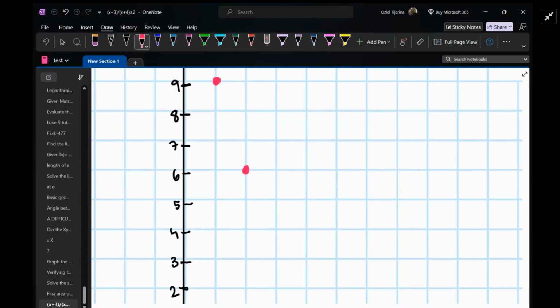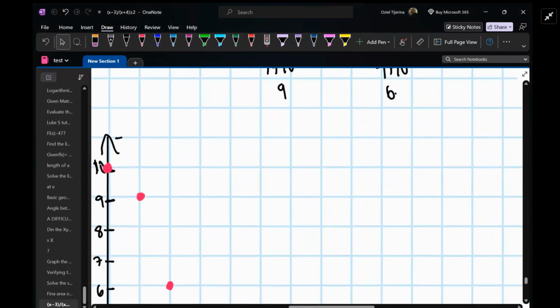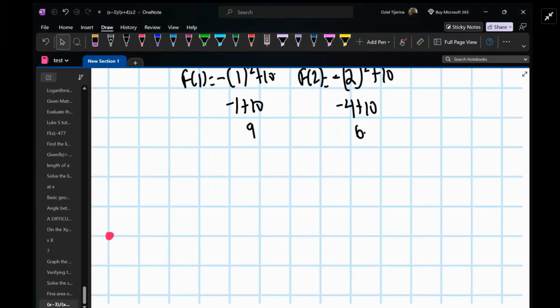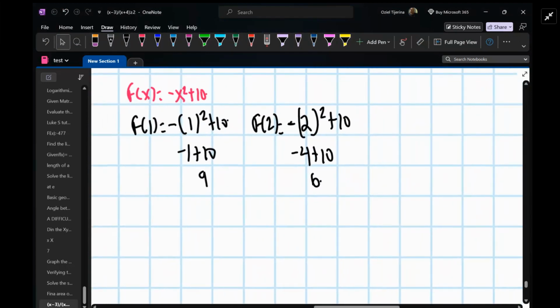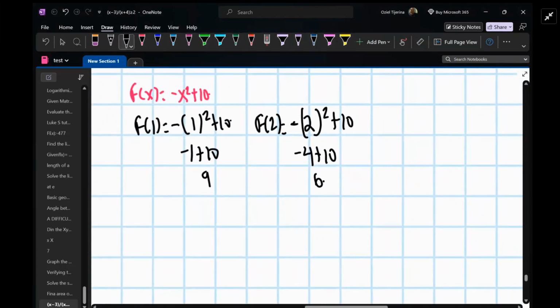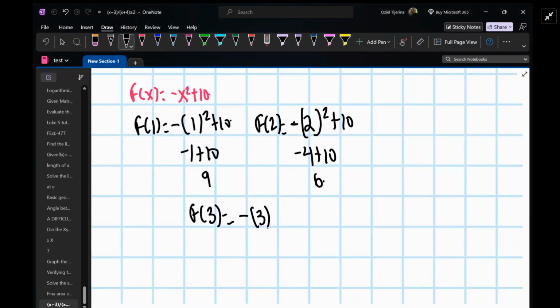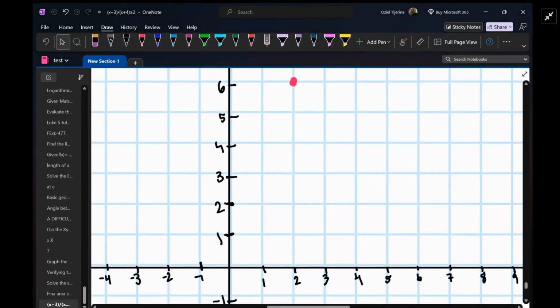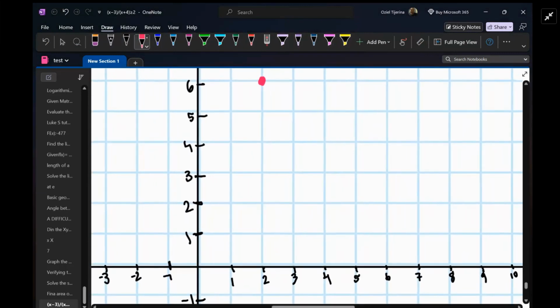And the reason why we're sketching it is to visualize the shaded area that we're trying to find, the area between the curves, using integration. So let's do f of 3. f of 3 is going to be negative 3 squared plus 10, which is negative 9 plus 10, which is 1. So when x equals 3, y equals 1.